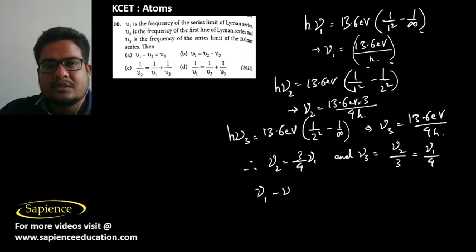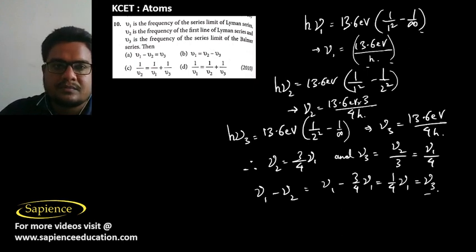So mu 1 minus mu 2 is equal to mu 1 minus 3 by 4 mu 1, which is equal to 1 by 4 mu 1, that is equal to mu 3. Therefore mu 1 minus mu 2 is equal to mu 3, and A is the correct answer.